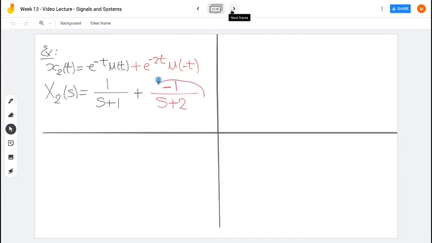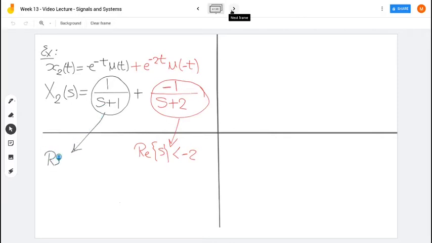The region of convergence for this term will be left-sided, which means real part of s less than minus 2. Whereas the ROC for the first term, since it corresponds to a right-sided time domain signal, will be a right-sided ROC, that is basically real part of s larger than minus 1.